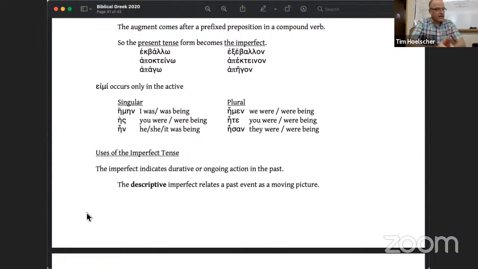So, any questions on those? Okay. And as I said, I would recommend, before you even move into doing the exercises in the book, that you take paper and you practice just writing these paradigms out, these conjugations, for each one of the verbs, just as they suggest.